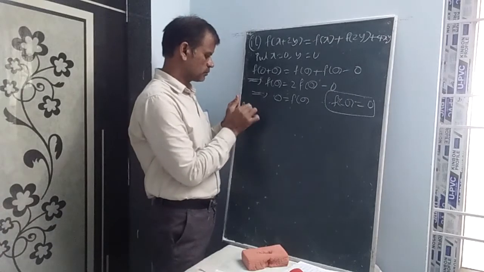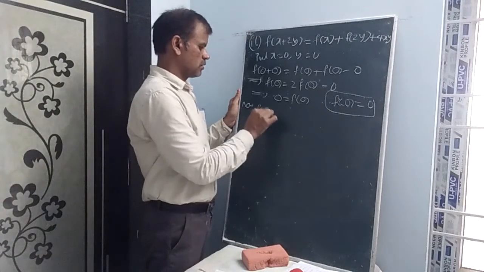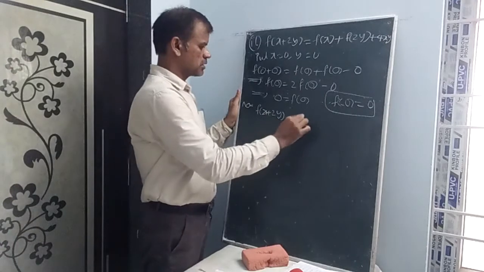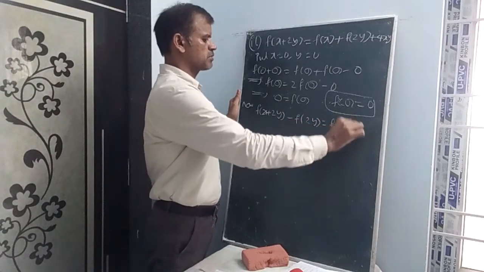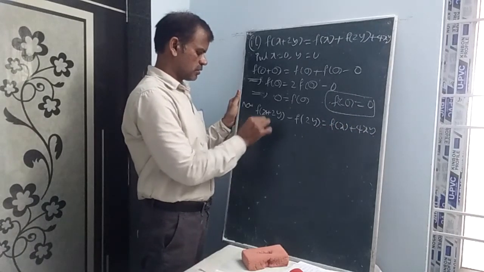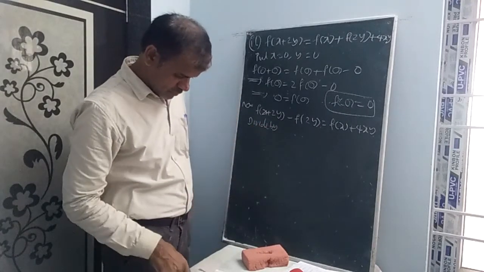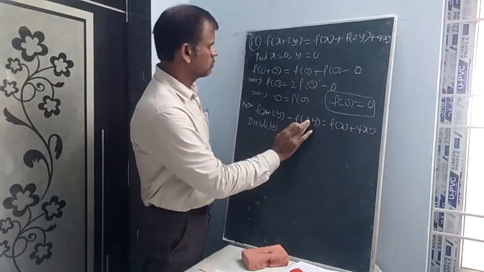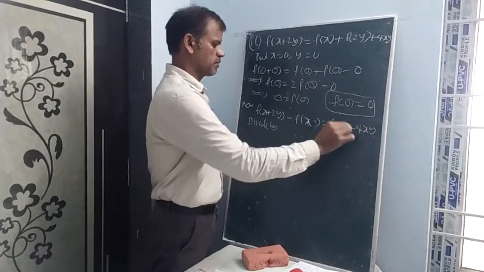Now f of x plus 2y minus f of 2y is equal to f of x plus 4xy. Better to take 2y: this is x, this is 2y.